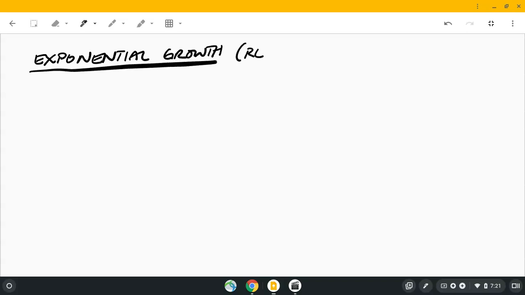Okay, it's still exponential growth. And what we're looking at here is the relative growth rate. So we have this formula, N of t, in terms of e.